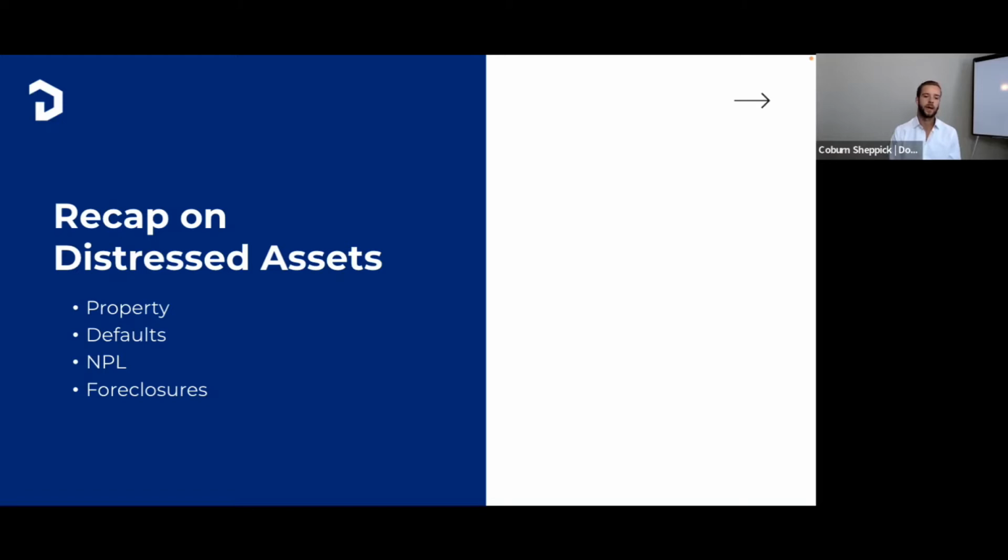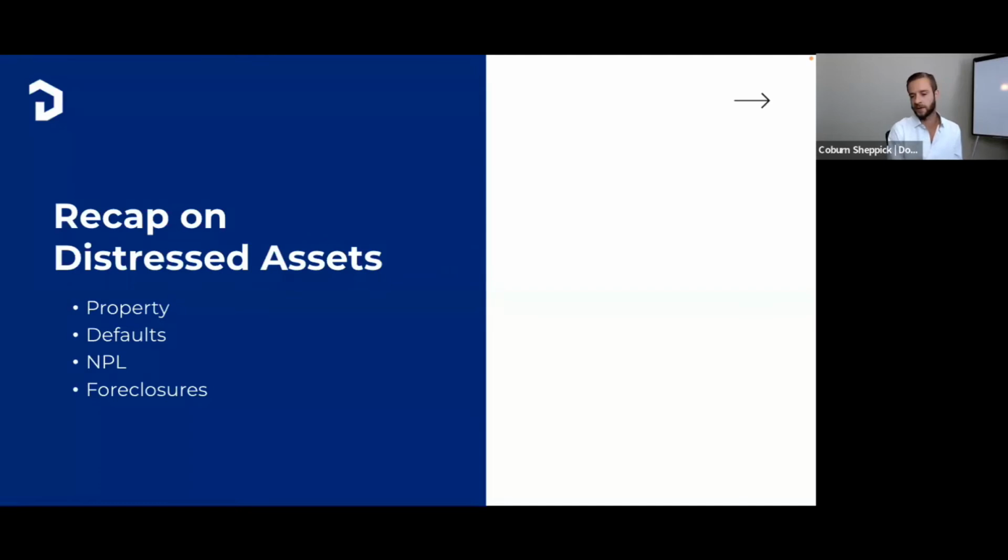An REO property would be an example of distress. But by that time, the title's clear and it's ready for a new buyer, and it carries the least amount of risk, but you're also paying potentially the most for that distressed asset compared to when a notice of default or foreclosure paperwork is submitted by the county.